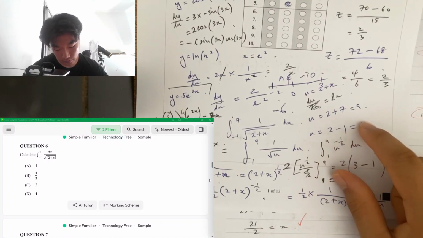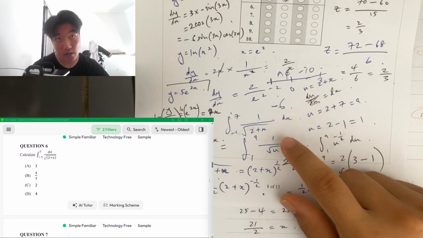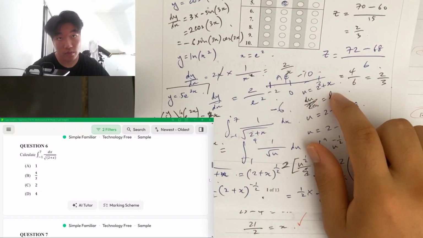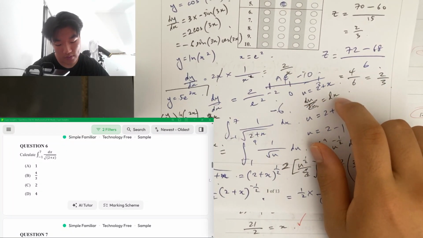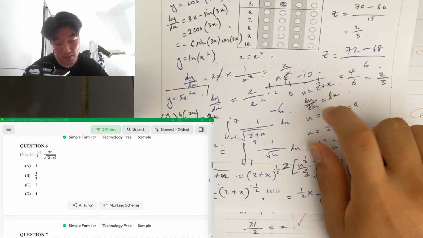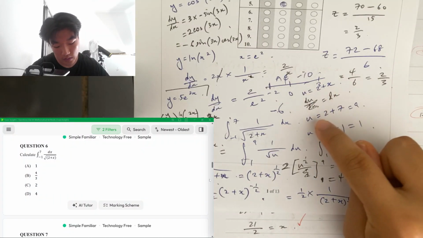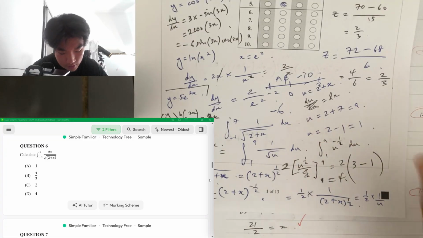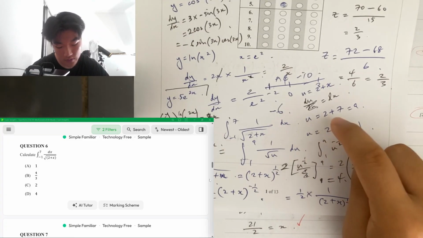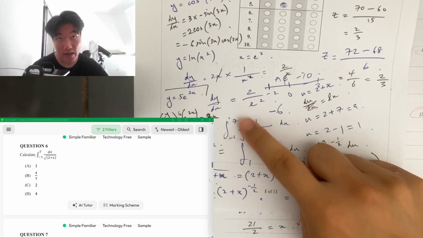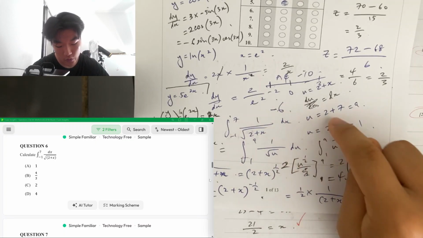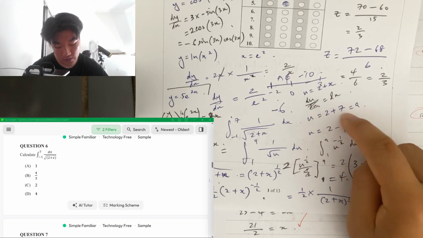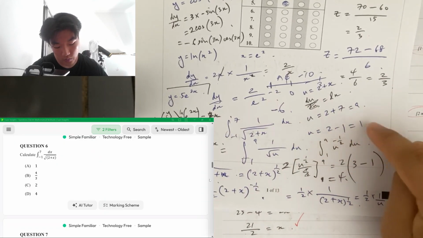So what I did in this case was let u equal 2 plus x. Then I derived it, which meant that du just equals dx because du dx was 1. Then I turned the bounds into terms of u. I subbed the x bounds into what I let u be, so 2 plus 7 was 9, and 2 minus 1 was 1.